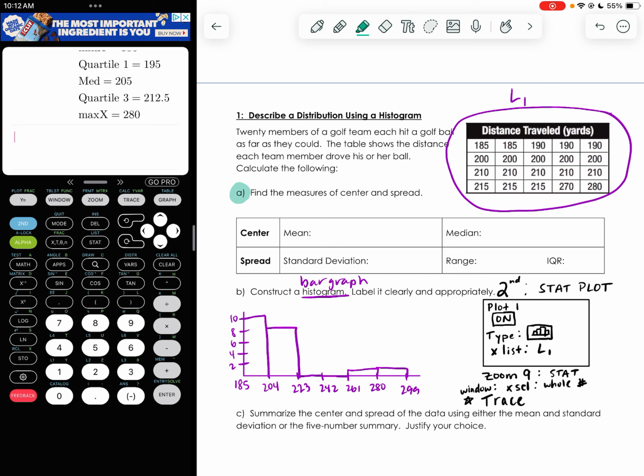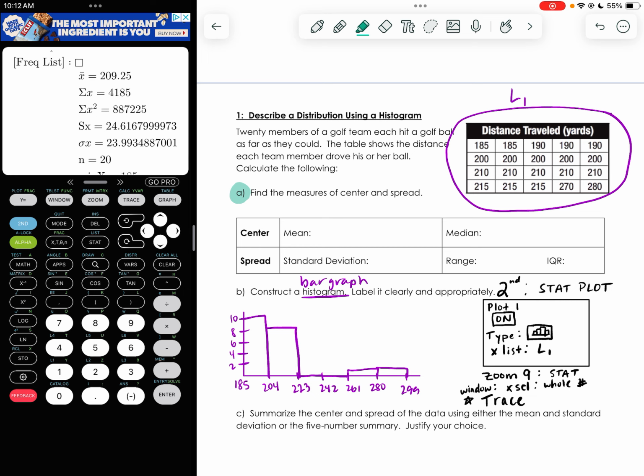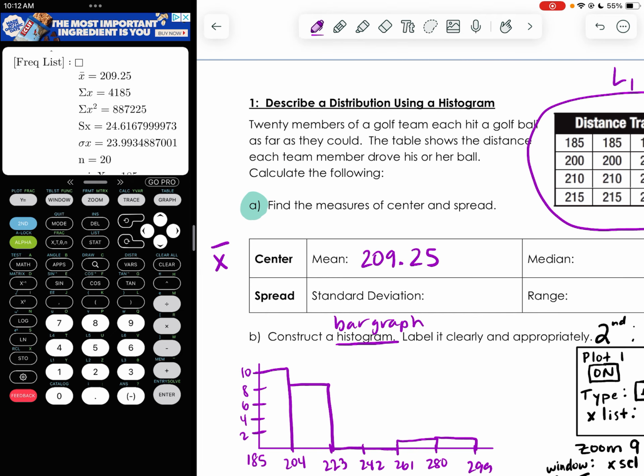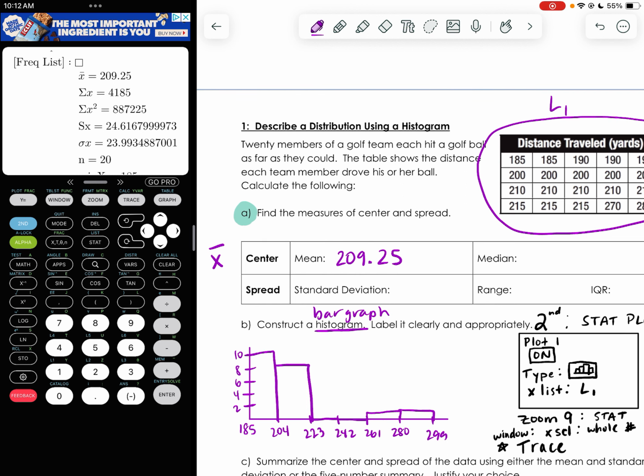Now yours might look a little bit different than mine, but all of the information is the same. I mentioned this earlier, but the mean, or the average, is noted by x bar in your calculator. So when you see that x bar, that's the mean. The calculator says that's 209.25. That's the average distance a golf ball was hit.